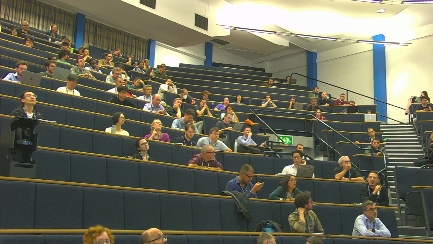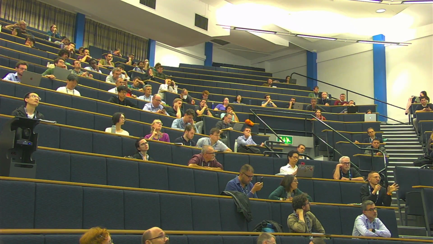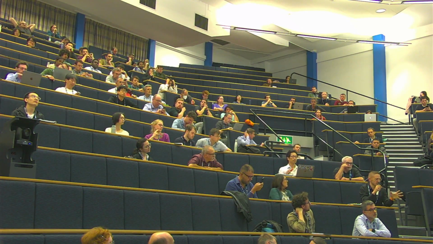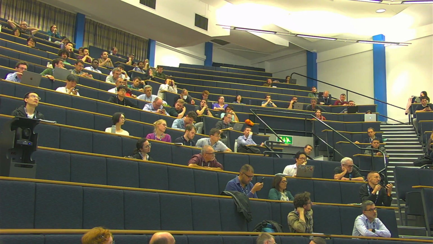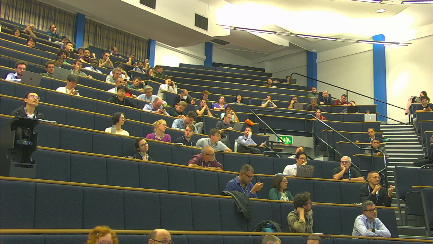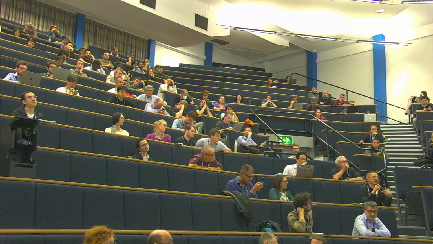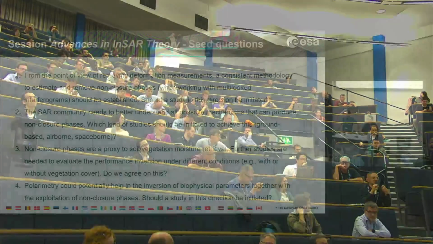Just in connection with question number 4 and the use of polarimetry, if I got it right, you want to separate the different components: deformation, vegetation, and soil moisture. That's right. So maybe polarimetry could be used, not to make something operational, but to separate the components, because there are already some research directions in the polarimetric community trying to separate vegetation from soil moisture.